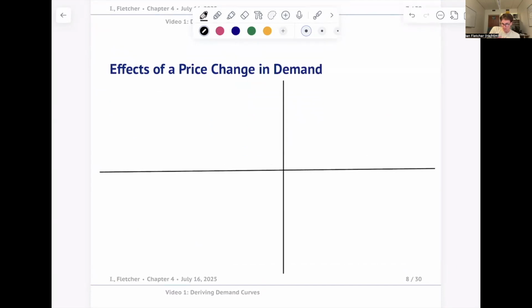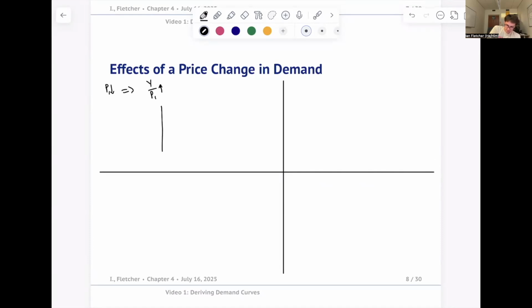So if we had a decline in price one, then we said that our ratio would increase. All right, so let's call this x1, let's call this x2.